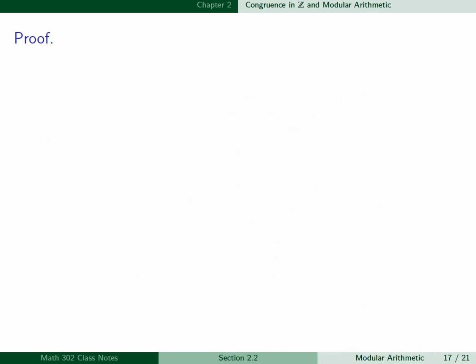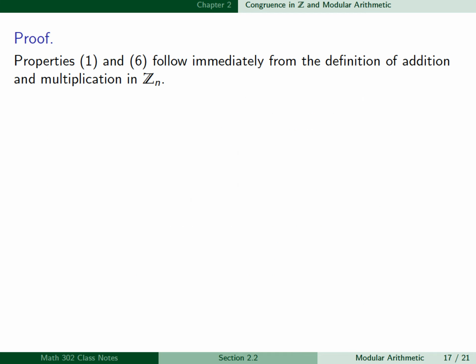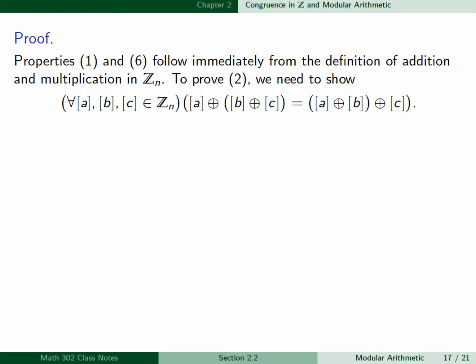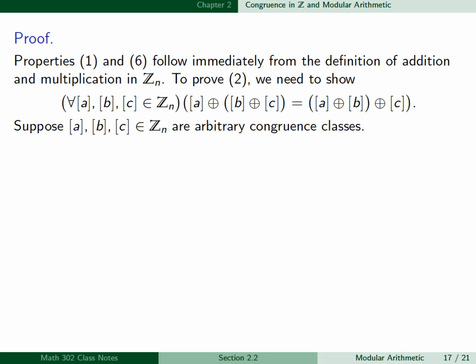Okay, to prove the theorem now, well, first off, properties 1 and 6 follow immediately from the definition of addition and multiplication in Z sub n. So those are the 2 closure properties. To prove 2, we need to show for all classes A, B, C in Z sub n, A plus the quantity B plus C is equal to the quantity A plus B plus C. So let's suppose that A, B, and C in Z sub n are arbitrary congruence classes.